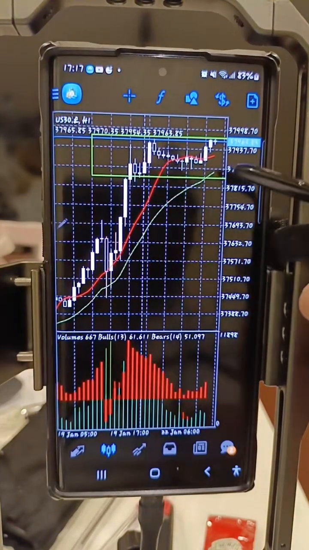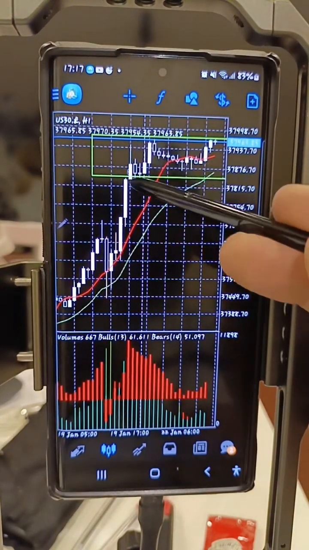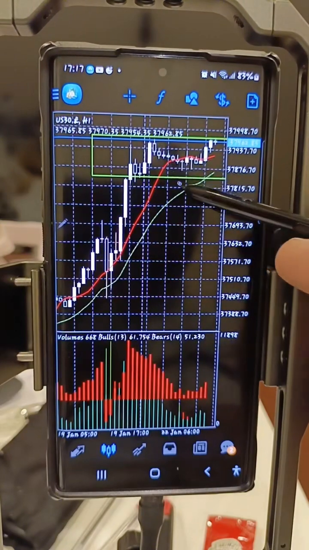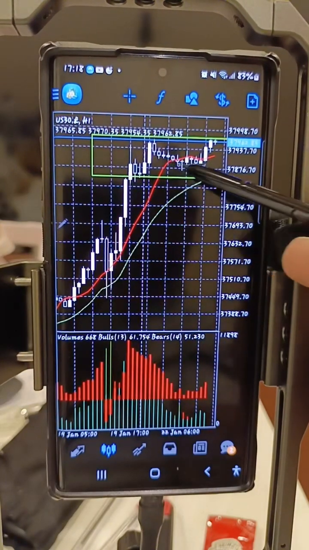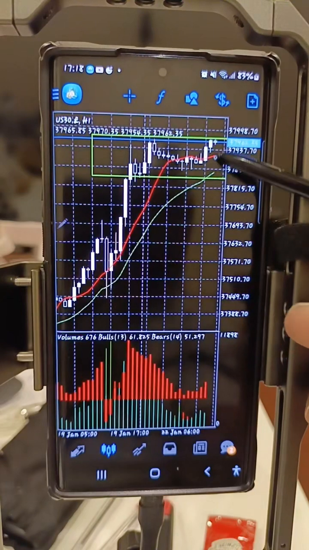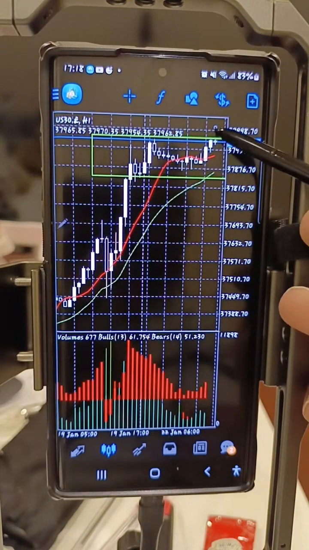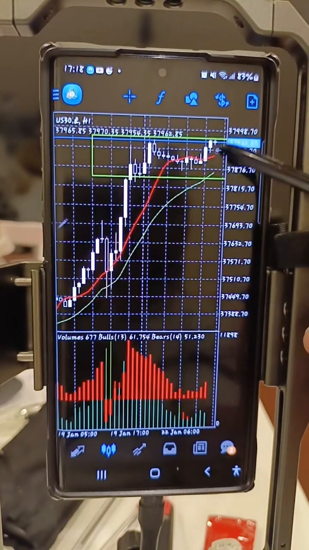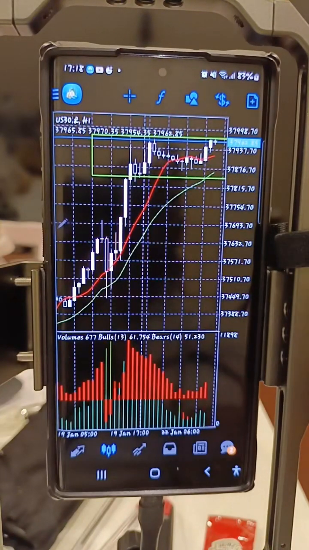Okay, now that I've put my marker there, this is my consolidation within the Asian market, right? London session. Now it's pulled back, so I'm looking to see, is it going to be moving up? As soon as it moves up and comes back in this region here, I'll be looking to put a buy in.